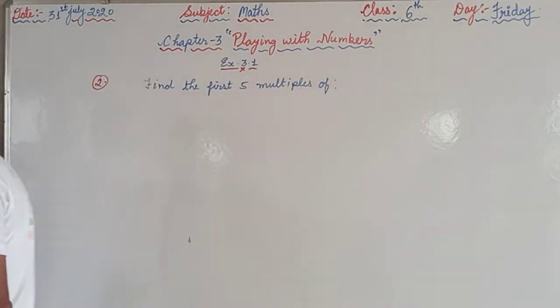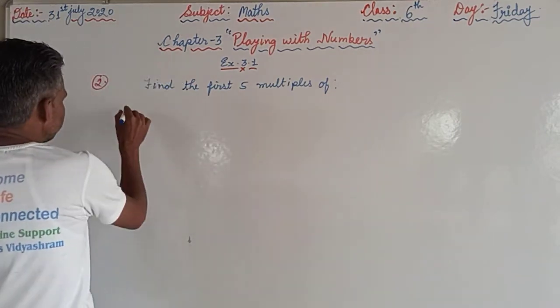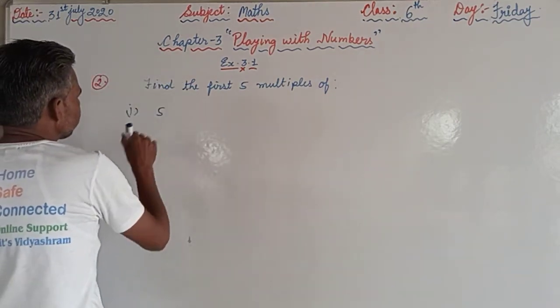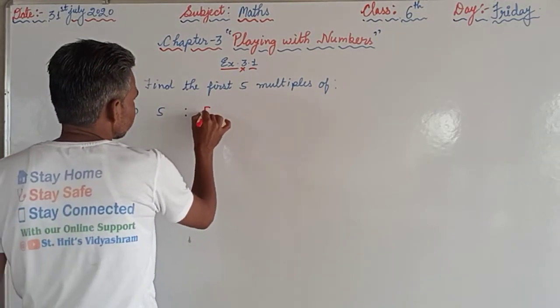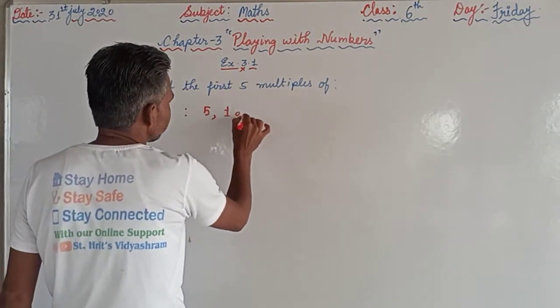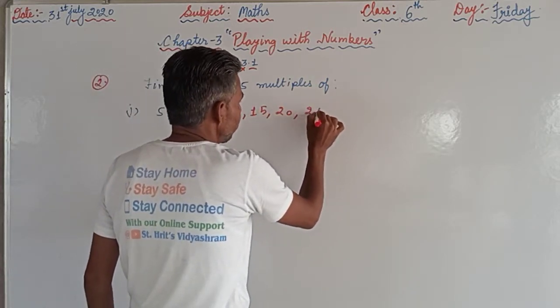Find the first 5 multiples of 5, 8 and 9. First 5 multiples, the first part is 5. So multiples will be the table: 5 1s are 5, 5 2s are 10, 5 3s are 15, 5 4s are 20, 5 5s are 25.